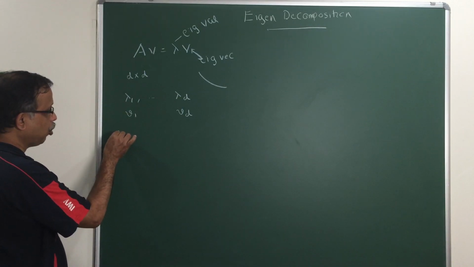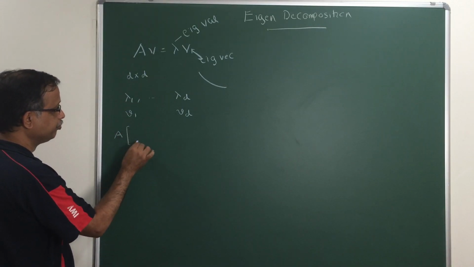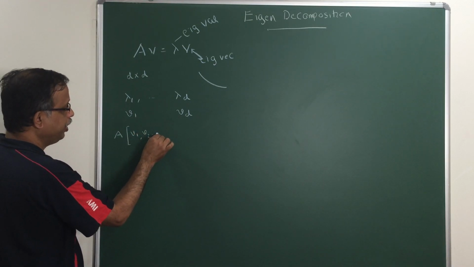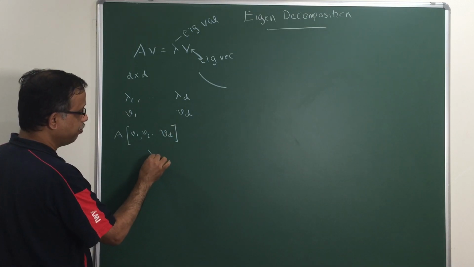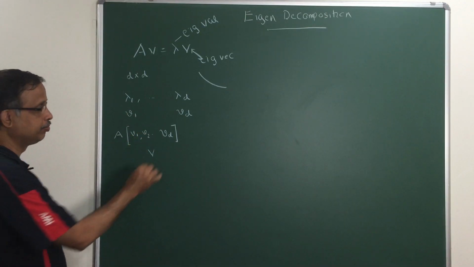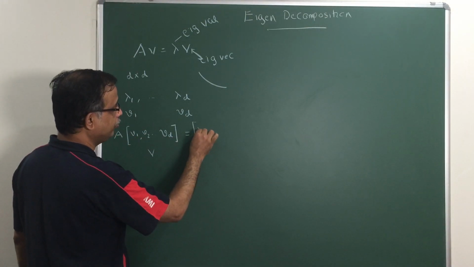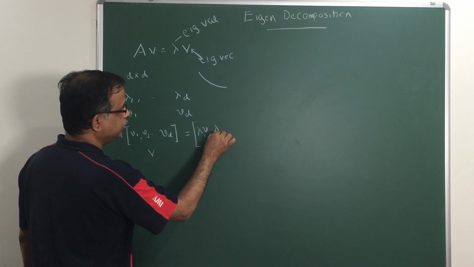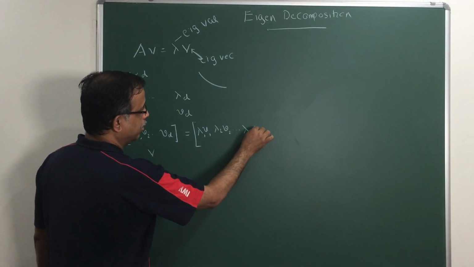Now this can be compactly written as A into V1, V2, Vd, the capital V matrix with eigenvectors as columns, equals lambda 1 V1, lambda 2 V2, lambda d Vd.